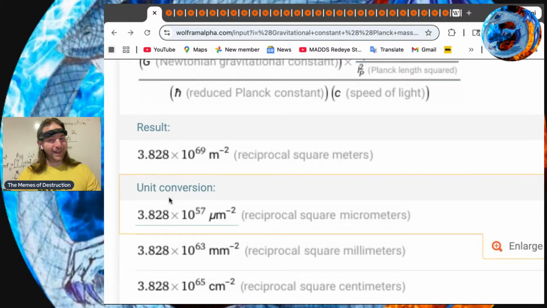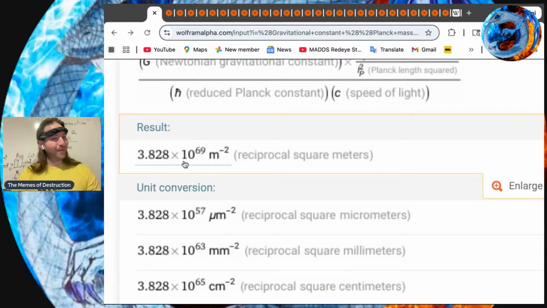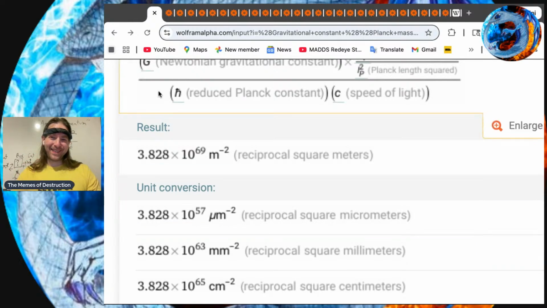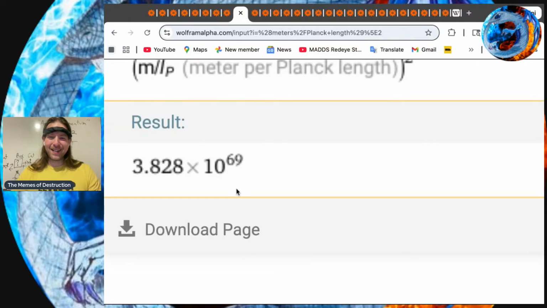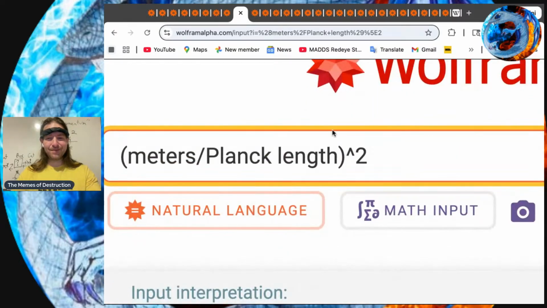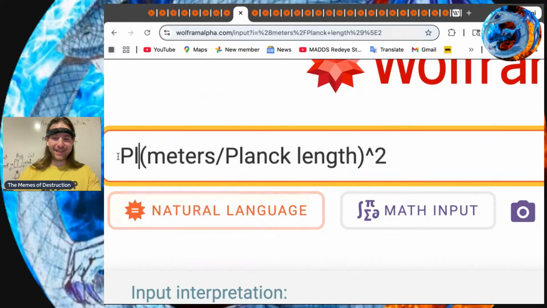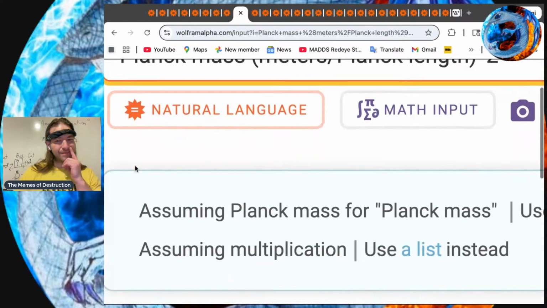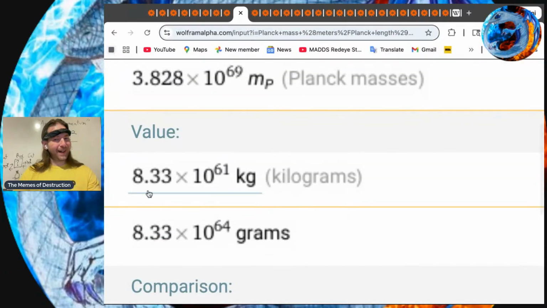That looks familiar. Oh, wait, this is the first number that we had. And here is where coherence starts to potentially be able to tell us some things. We got that number. So let's just multiply it by the Planck mass. Oh, look, we got that 8.3 times 10 to the 61 kilogram number.